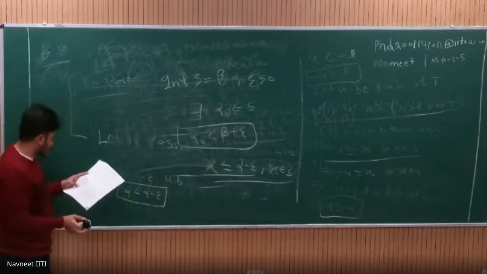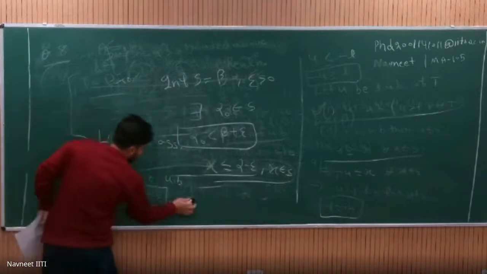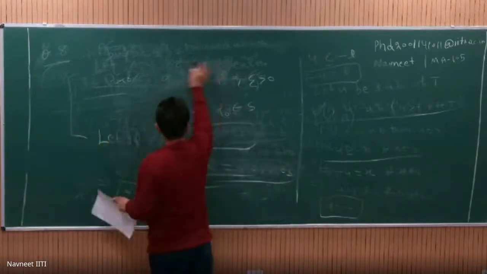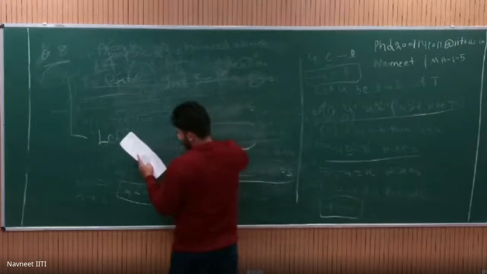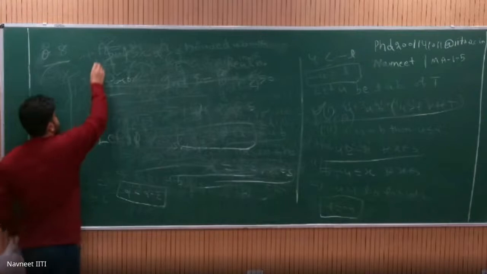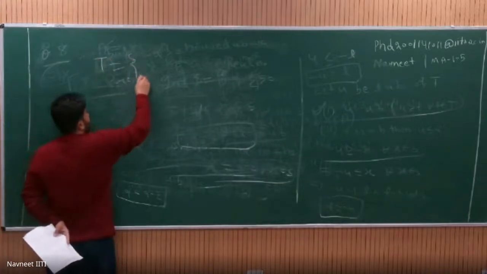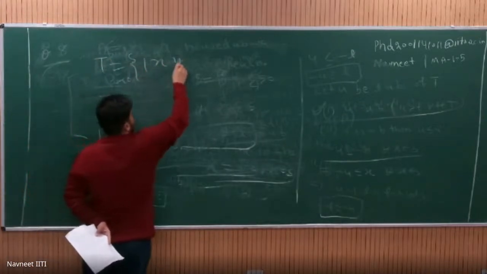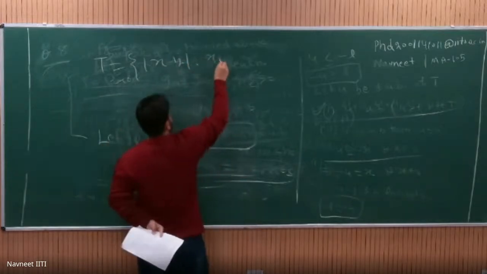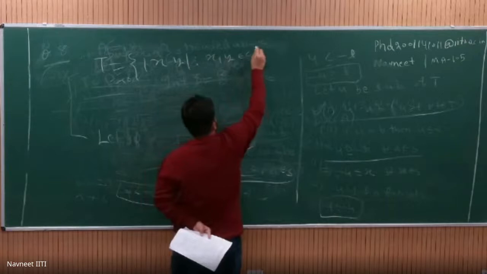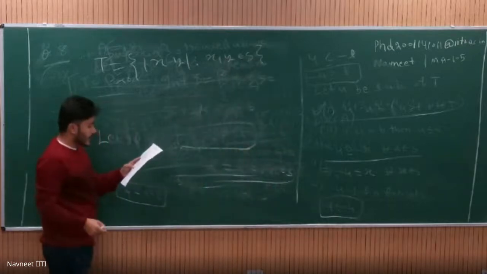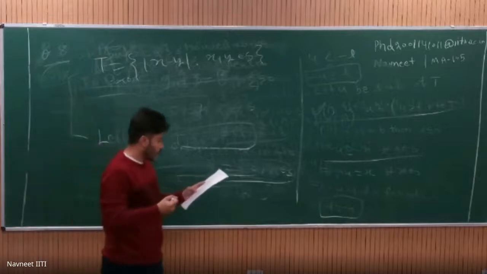Now read question number 9. Has anyone tried this question or not? Okay, just read very quickly. T is equal to modulus of x minus y. All the elements in this set are modulus of x minus y such that x, y belong to the set S. And the supremum of S is what? Capital M, and the infimum of S is small m.